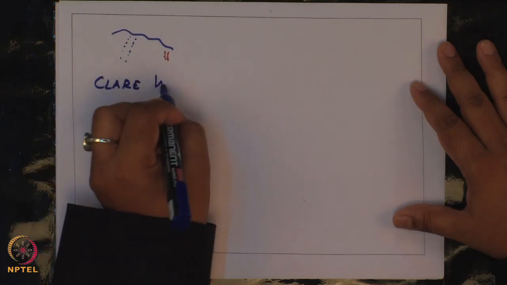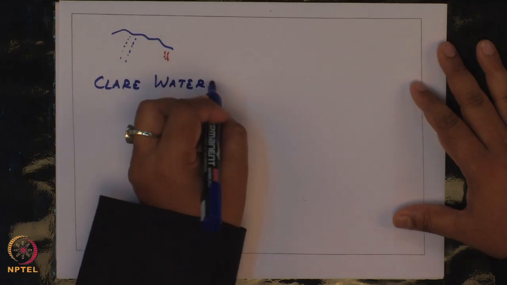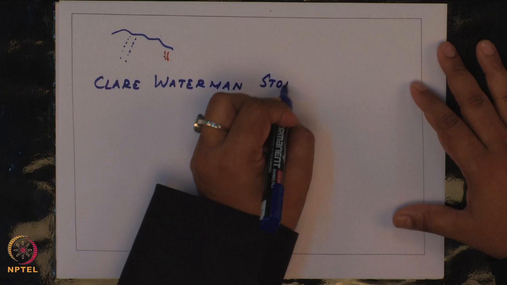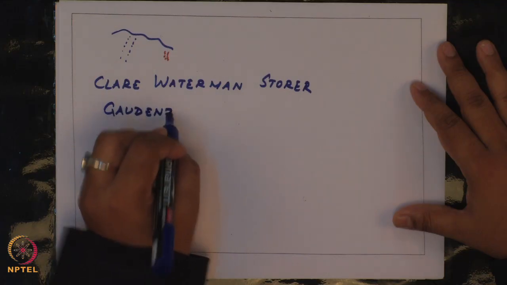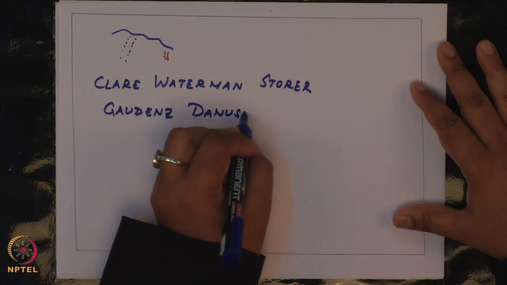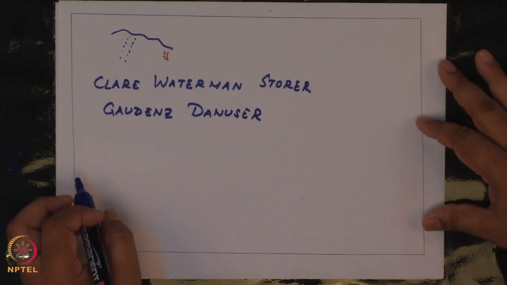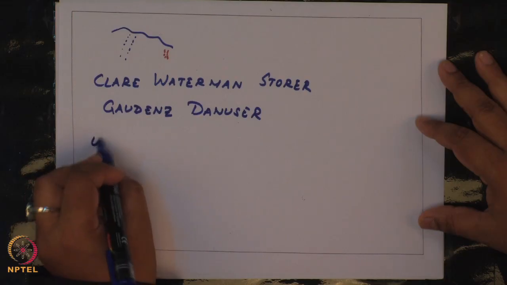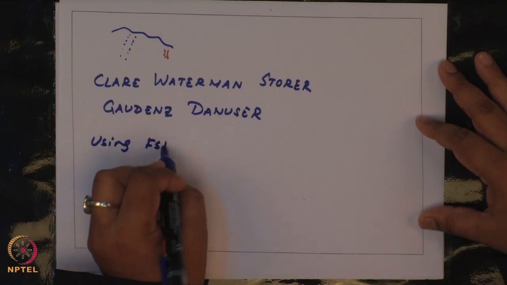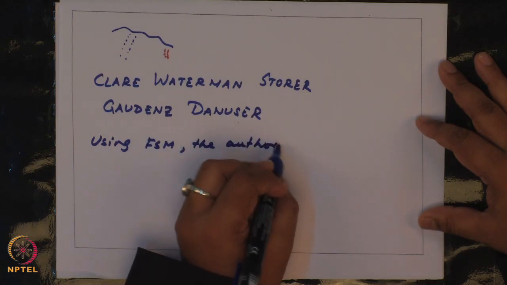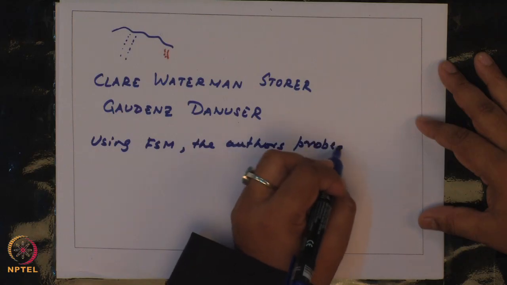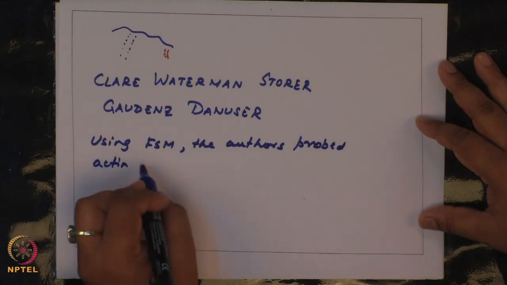Using this technique, Claire Waterman-Storer and Gaudenz Danuser probed the role of actin dynamics in migrating cells. Using FSM, the authors probed actin dynamics in migrating cells.